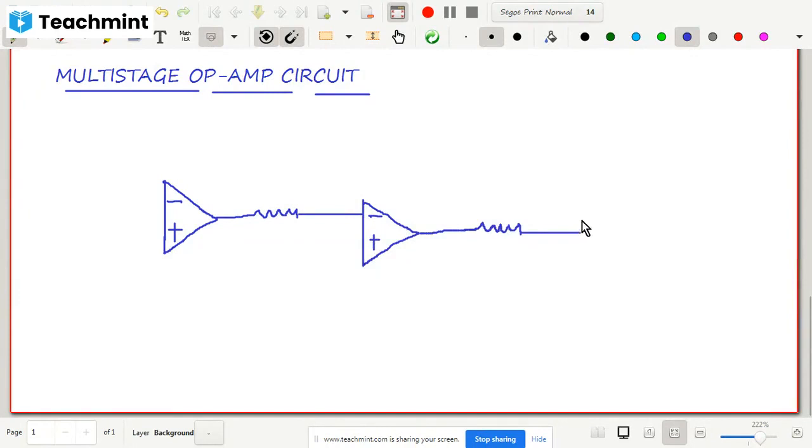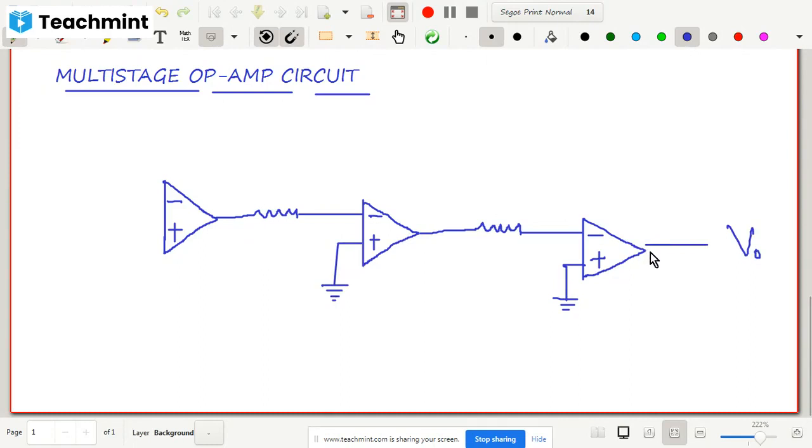So here again it is minus and plus. Now this section I will make ground. Just let us try to understand this. Finally I will have the output here, V out.